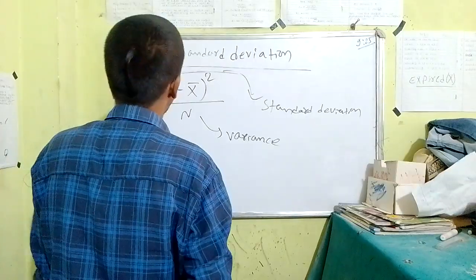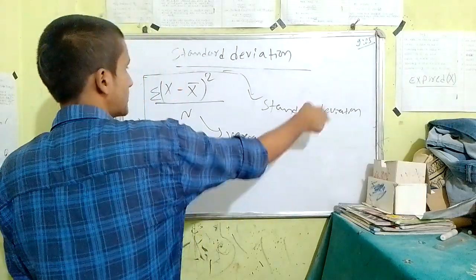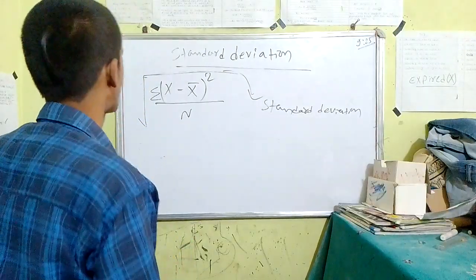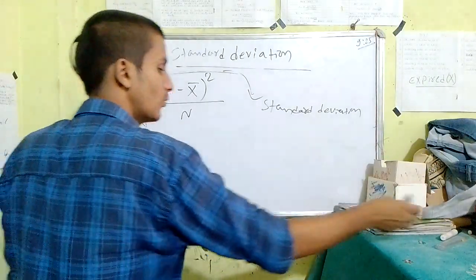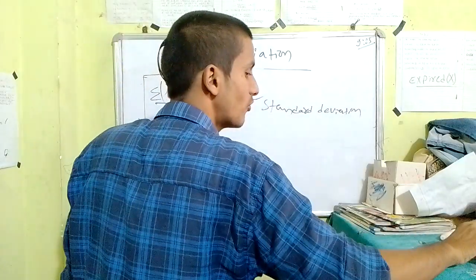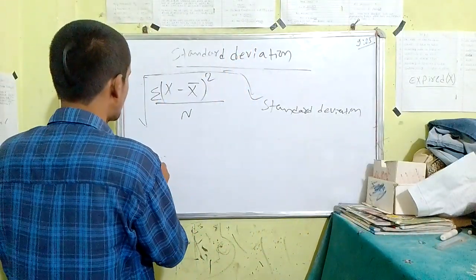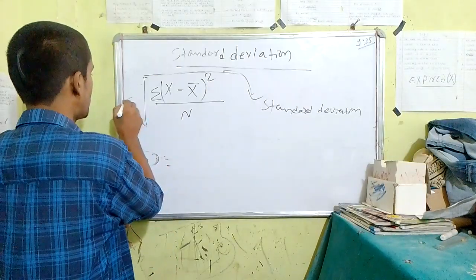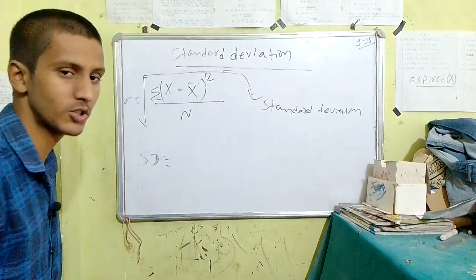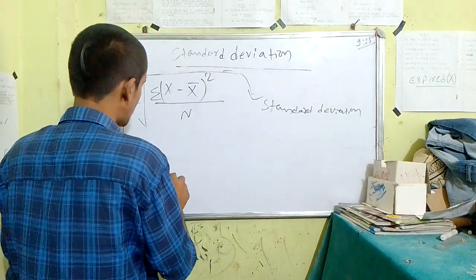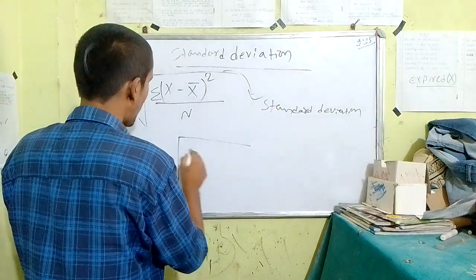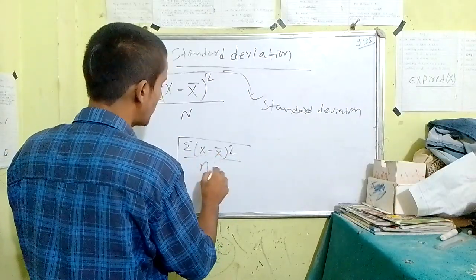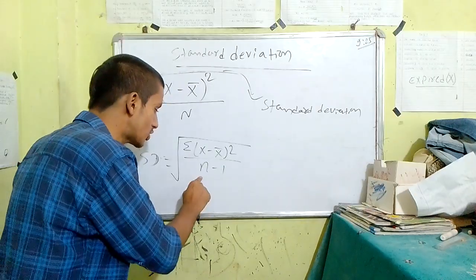So standard deviation is the square root of the variance. One more thing: for a sample, the formula of standard deviation is a little different. For a sample, it is the square root of the sum of x minus x bar squared over n minus 1, denoted by small n.